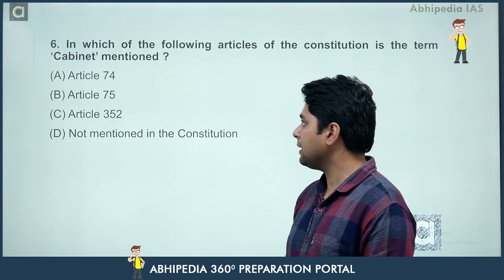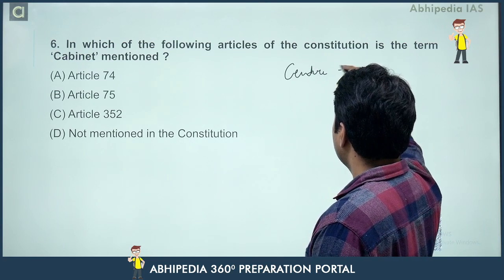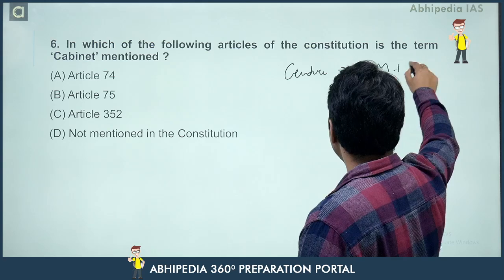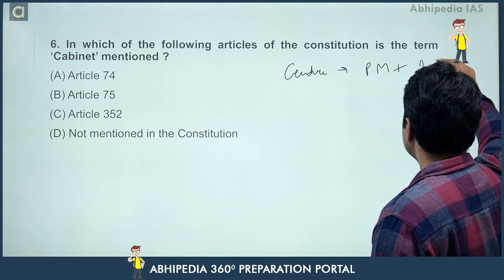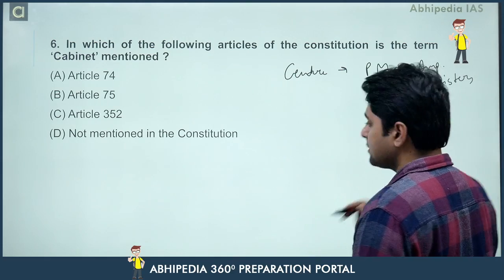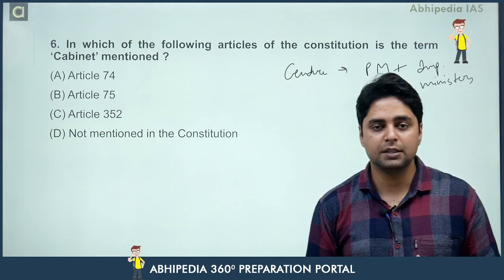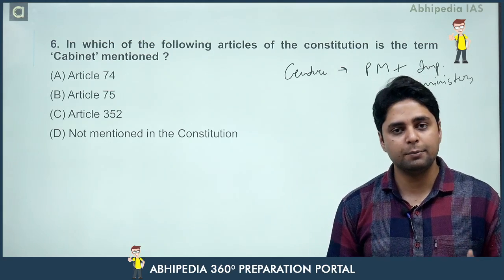Cabinet का मतलब क्या होता है? Cabinet at the center means Prime Minister and some ministers, some important ministers which are chosen by the Prime Minister. This is basically a smaller body or smaller nucleus within the larger council of ministers to take day-to-day and all important decisions.